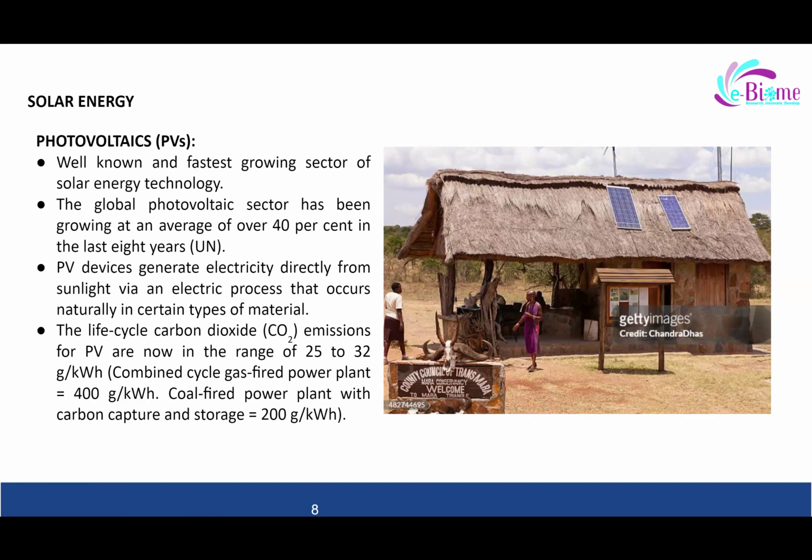So PV, solar photovoltaic devices generate electricity directly from sunlight via an electric process that occurs naturally in certain types of materials. The life cycle carbon dioxide emissions for PVs are now in the range of 25 to 32 grams per kilowatt hour of energy generation, as compared to a coal-fired power plant with carbon capture and storage of 200.